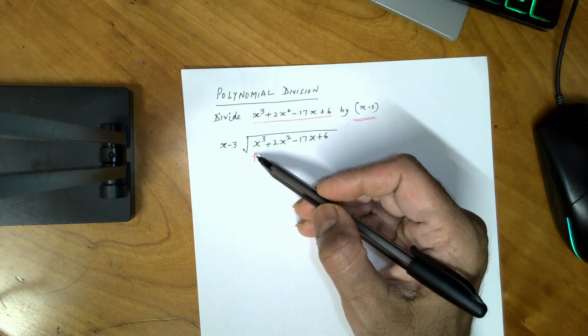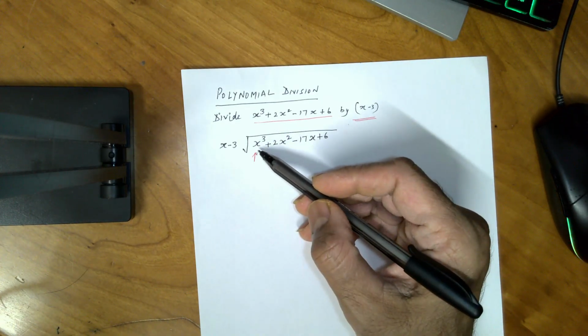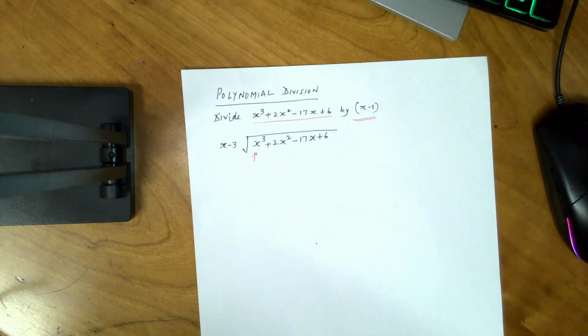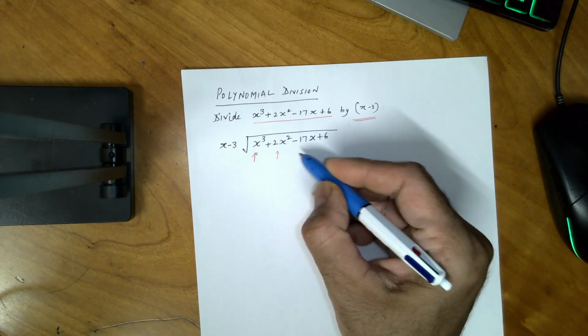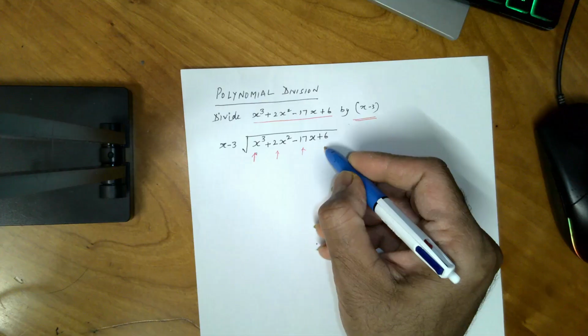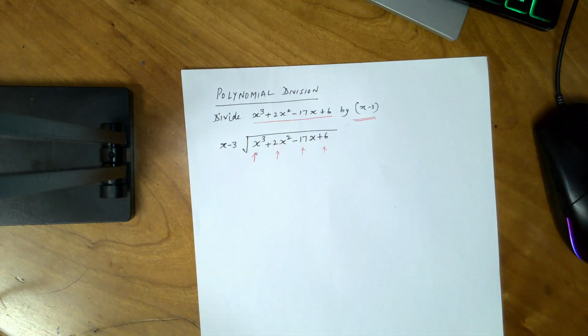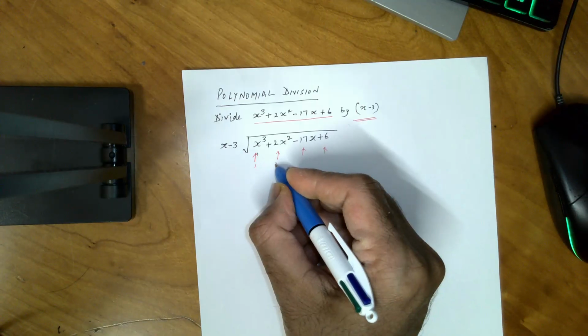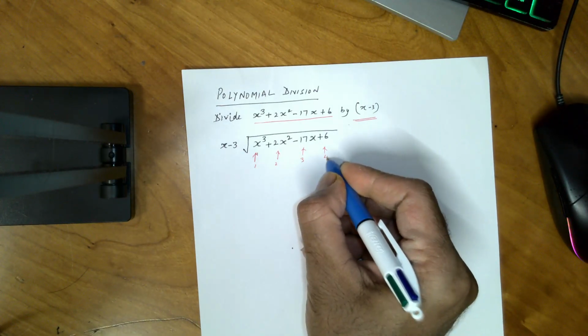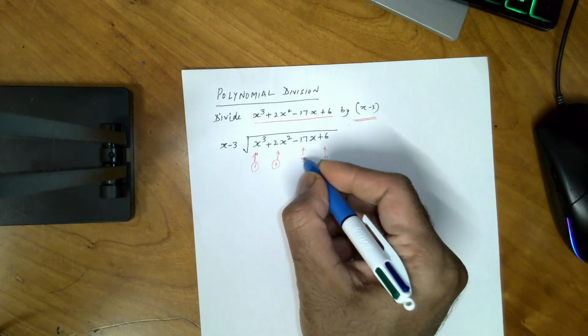So we need to actually divide term by term. We'll use this first, then second here, third, and the fourth, like this. So it's in 4 steps. So these will be the steps we will do.